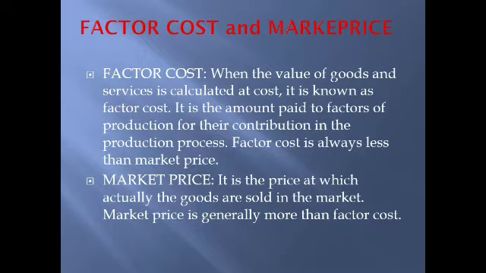For producing goods and services, we use various factors of production: land, labor, capital, all these things. When we use these factors, we pay them. That is what we have seen in the process of distribution. That payment you are making to these factors to produce that commodity is called cost of production. And when the value of the goods and services is calculated at that cost, that is known as factor cost.